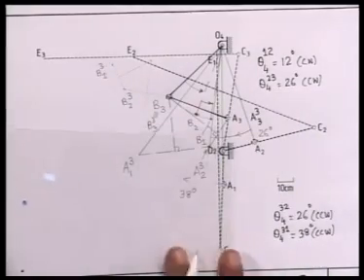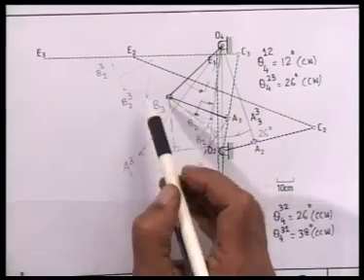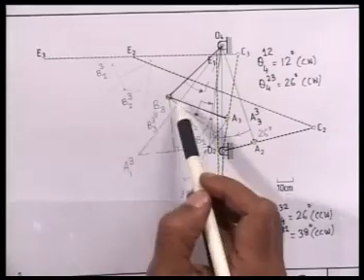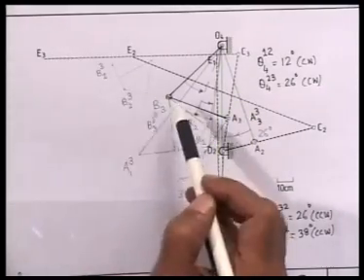Now the center of the circle passing through these 3 points, B13, B23 and B3, we determine in the usual manner.